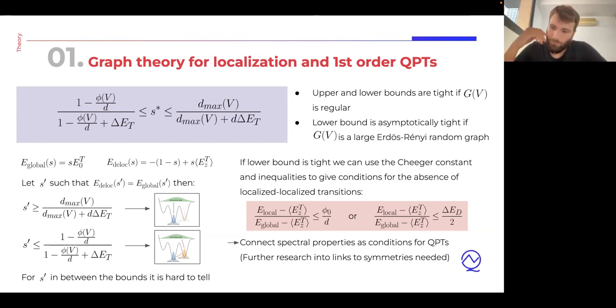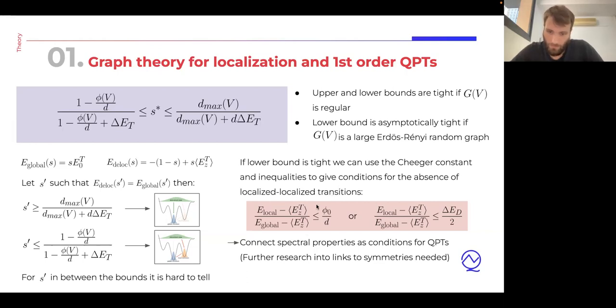Basically, if the low-lying local minima of our optimization problem are well described by one of these two scenarios up here, then we can assume that the lower bound is a more accurate description of the energy of the local energy state. Then we can use the Cheeger constant to derive bounds for whether we would expect to see localized transitions for this particular problem class or not.